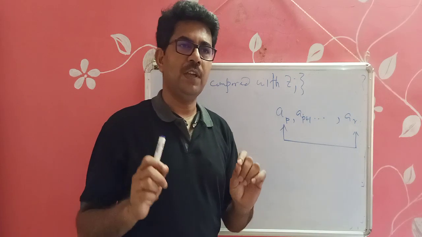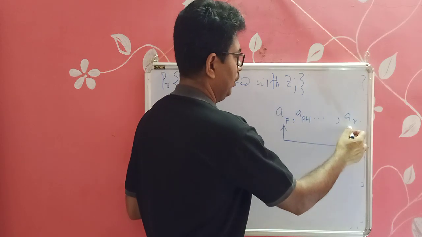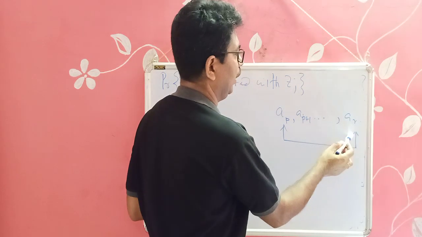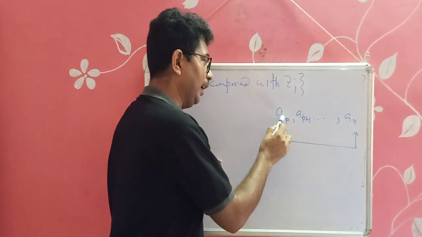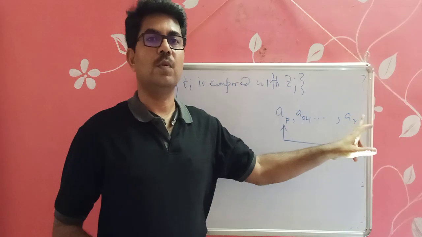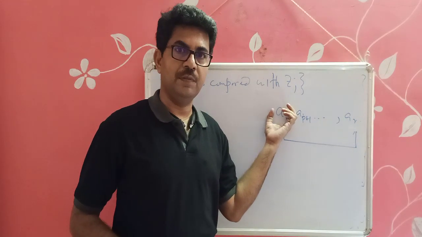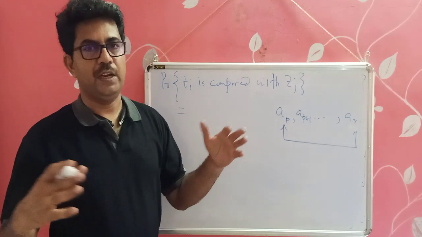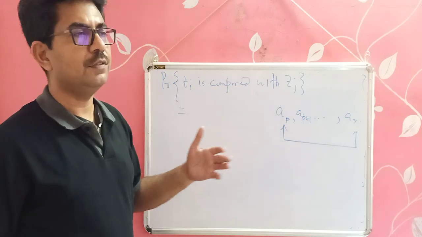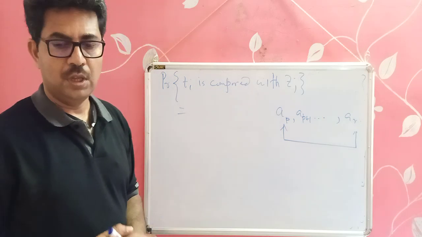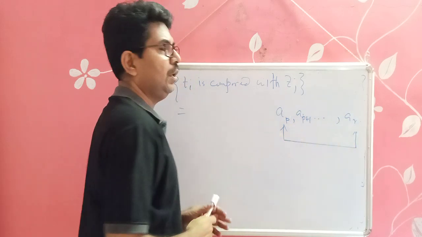So in the lifetime of quicksort, these two will be compared if and only if either Ar is the pivot element or Ap is the pivot element, and it will be compared at most once, as if any one of these two is the pivot element, it will be placed in its proper position and will never be part of any of the recursive calls of quicksort. Clear? So we have at most one chance to be compared.